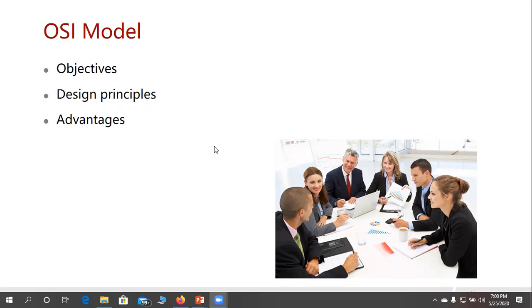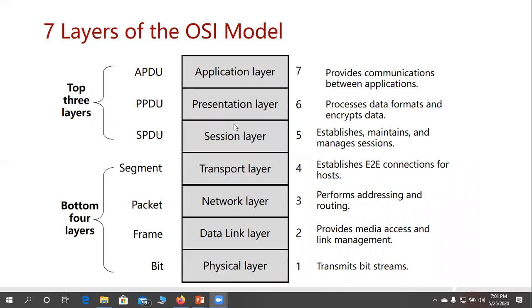So it simplifies the way we understand our network. This is the OSI model. It has layers. You can see the physical layer, data link layer, network layer, transport layer, session, presentation, and application layer. This helps us to easily understand the network.